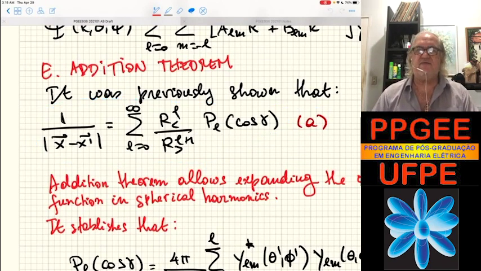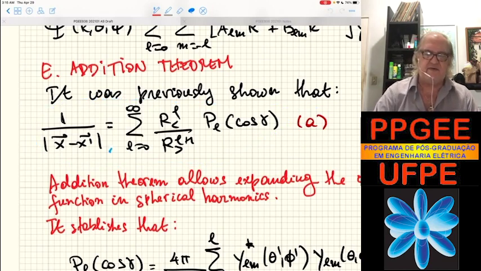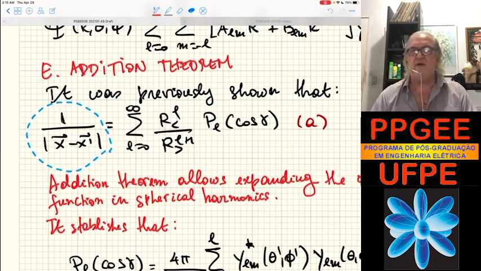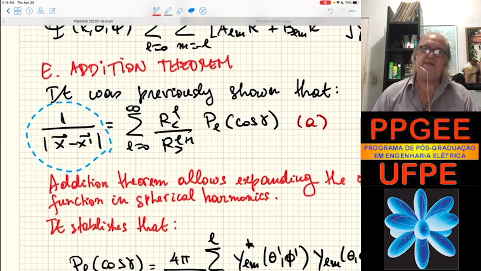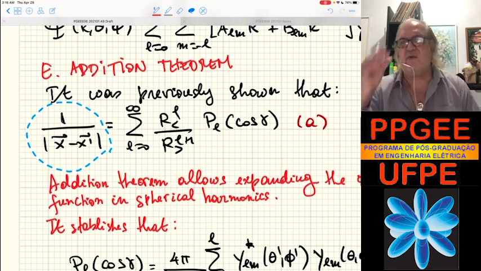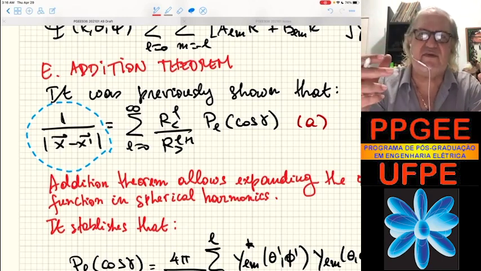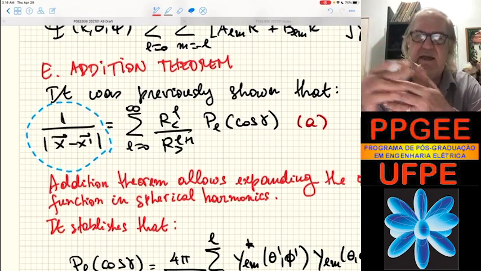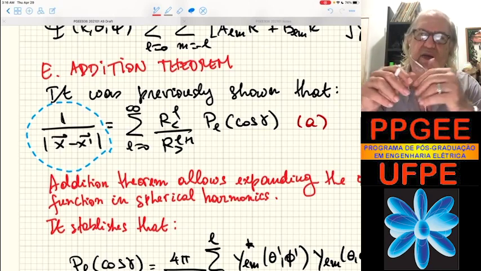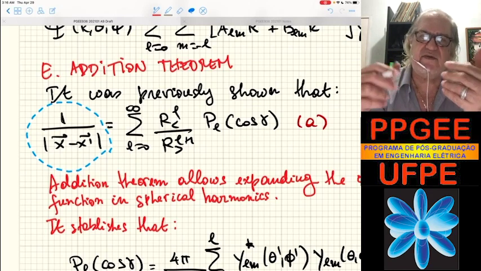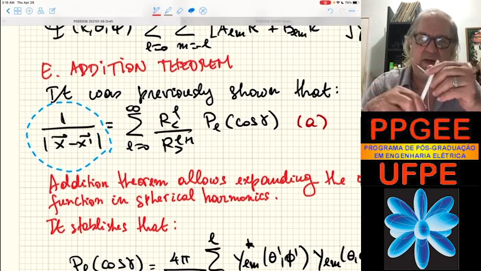Now we want to find a general expansion of the inverse function in terms of spherical harmonics, because sometimes you have to calculate things. For instance, when you want to calculate the integrals involving the inverse function, if you expand it in terms of spherical harmonics, you use orthogonality properties. So it's very important to do expansion.